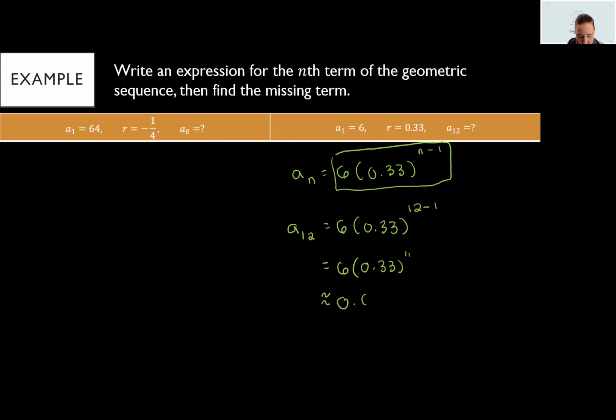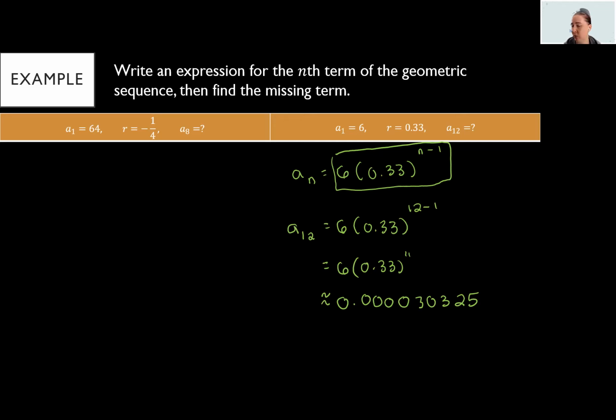And I get 0.0003032, depending on how many numbers you get. Chris got a lot more digits. He's probably using a more sophisticated calculator than I am currently using.